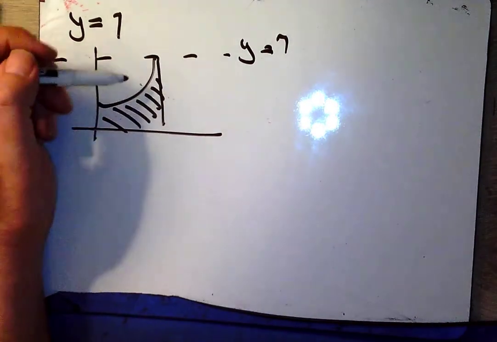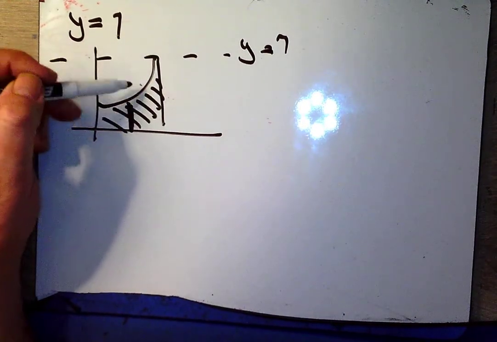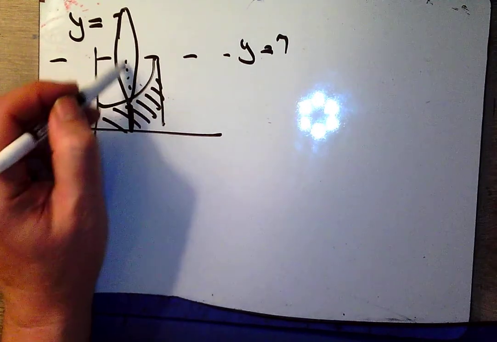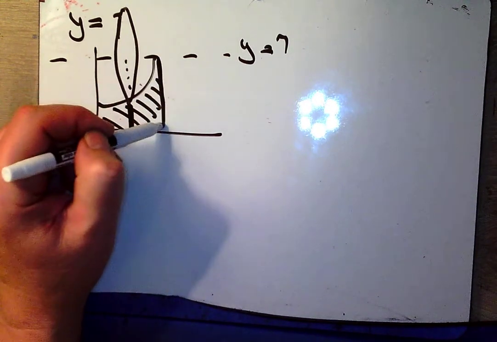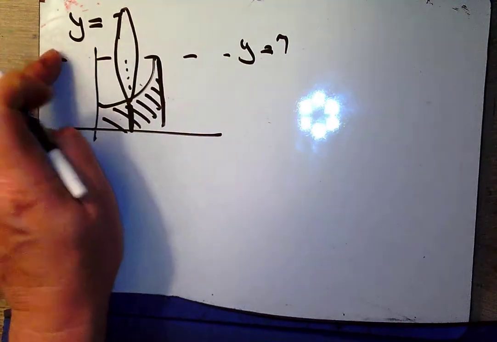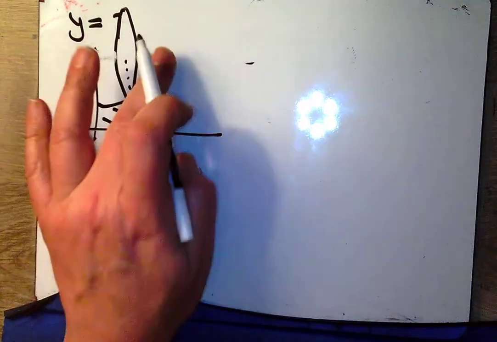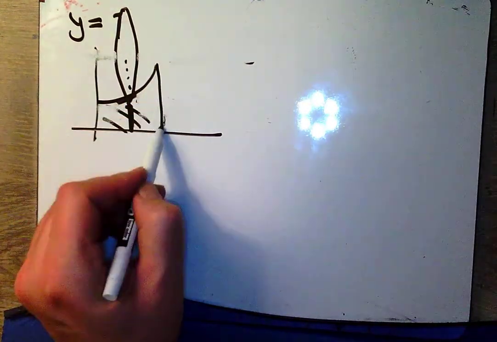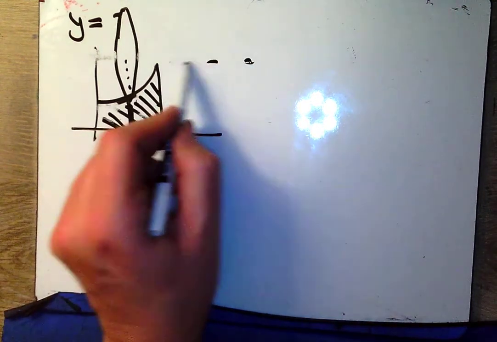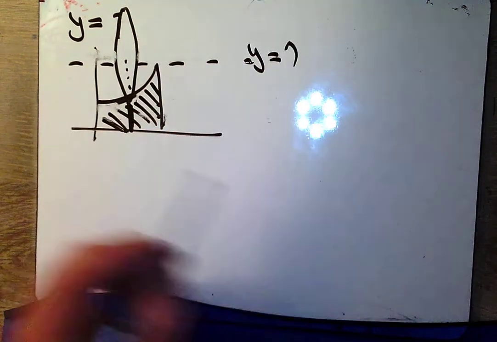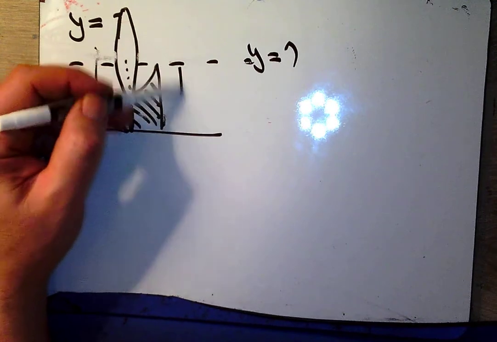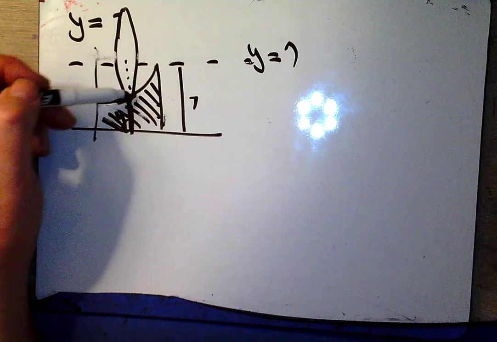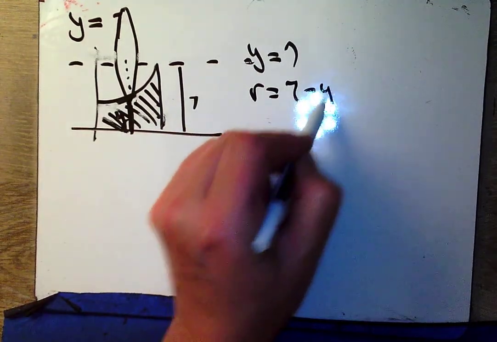If I'm doing this with washers, my little r here, this distance is, yeah, I drew that a little misleading, so let me fix, oh no, that was correct, because we're going to 7, and we're rotating around 7. Okay, so this distance is 7, this distance is y, and so our little r is 7 minus y.